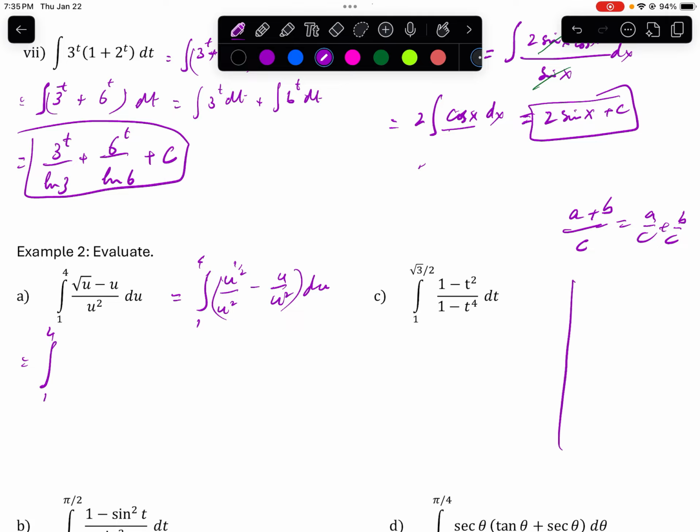I have 1/2 minus 2, which will give me negative 3/2. So I have u to the negative 3/2 minus... No, sorry, this was u over u squared. So I have 1 over u. And then du.